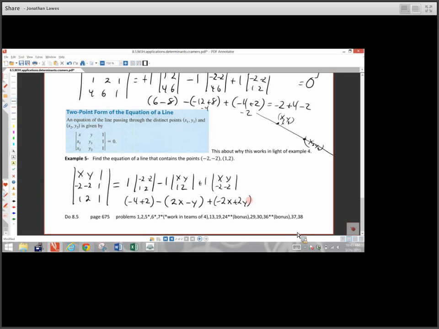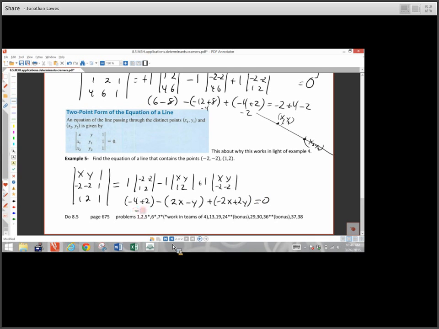Okay, is everybody roughly to here? Okay, is this an equation? No, not right now. This is just a determinant. What is this supposed to be equal to according to this theorem? It's supposed to be equal to 0. Okay, so here's what we've got.